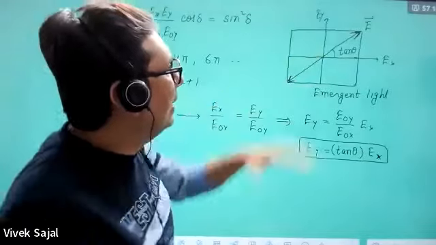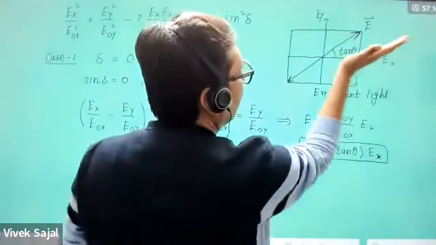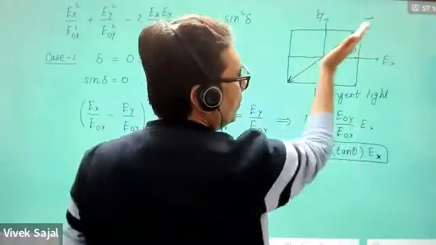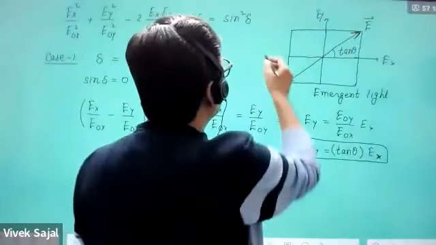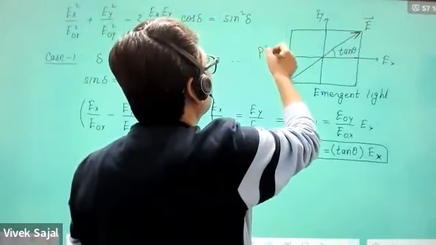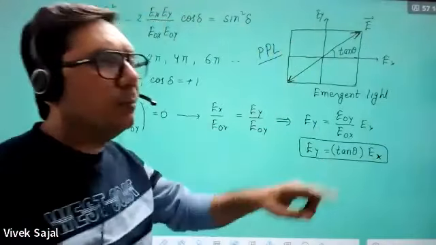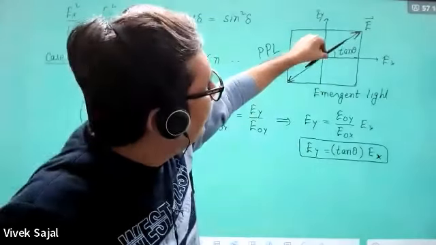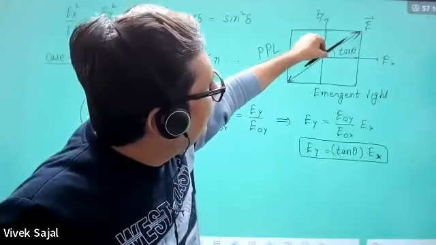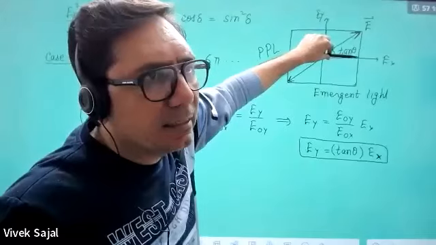This electric vector light was traveling like this. Electric vector is like this. So emergent light is this. So what is this light? Plane polarized light. And this is the same plane polarized light. Electric vector of incident plane polarized light was making an angle theta with the x-axis.